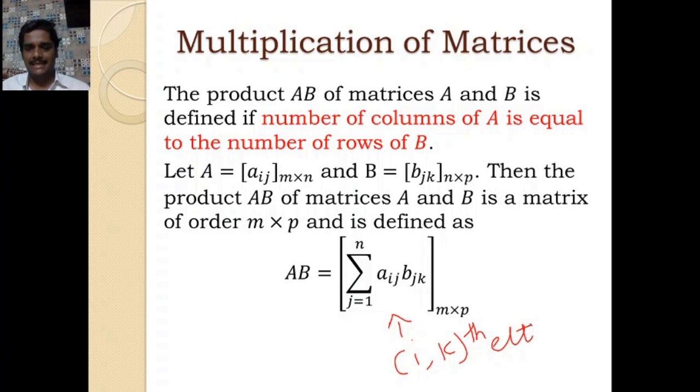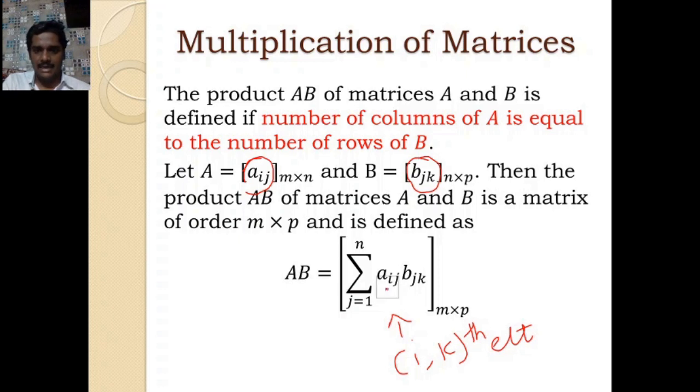What do you mean by ikth element? An element present in the ith row and kth column. You all can see I have written Aij. Aij means the element present in the ith row, jth column. I have used here Bjk. Bjk means the element present in the jth row and kth column.